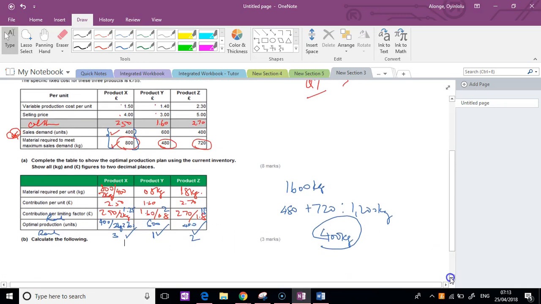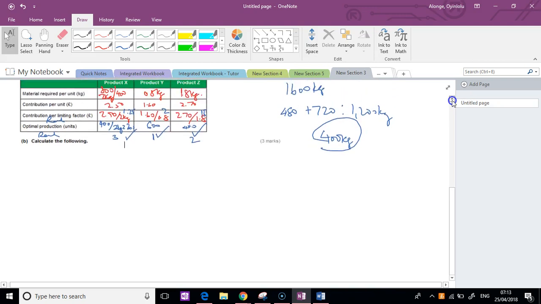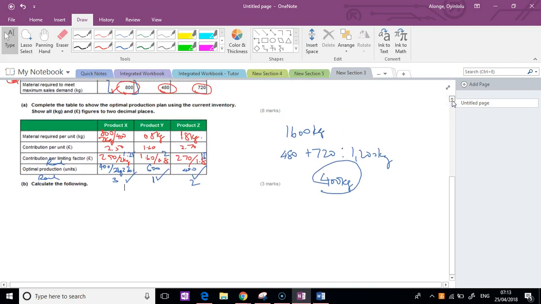Then we go ahead and calculate. They ask you to work out the profit. Profit now is very much contribution, so let's work out all the contributions. For product Y, contribution is £1.60 times 600 units. For product Z, you have £2.70 times 400 units.